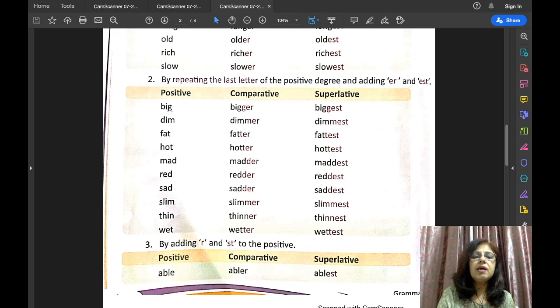So, you can see the last letter of each positive degree has been repeated in the comparative degree as well as in the superlative degree. So, you have to learn all these positive degrees, comparative degrees and superlative degrees by heart. You must know in which words you have to repeat the last letter.